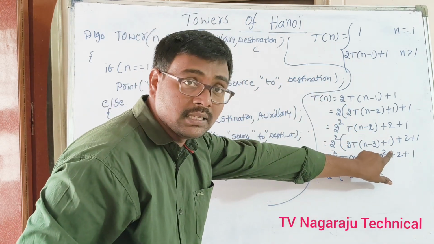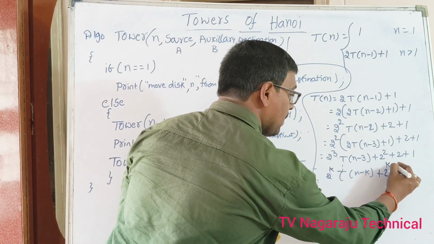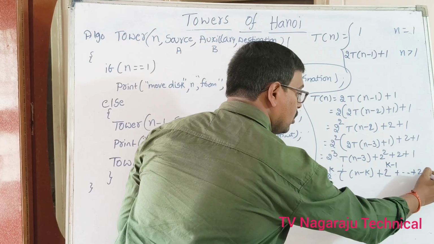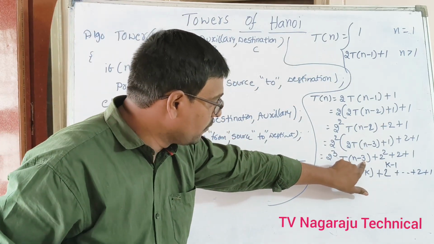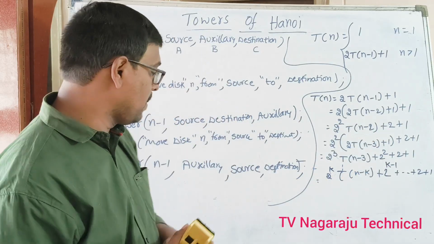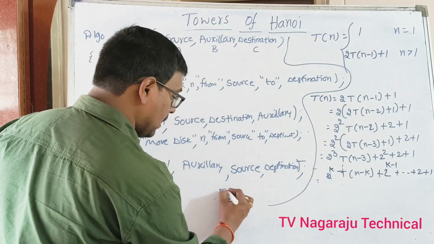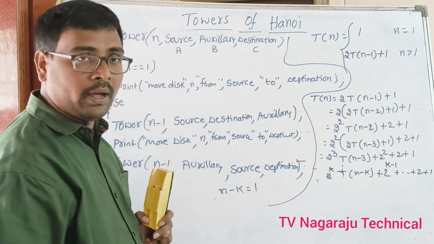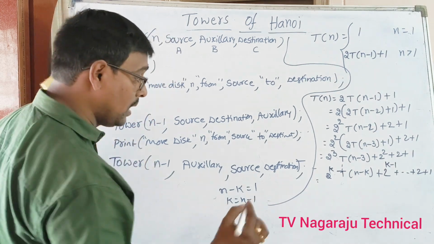Here 2 square in the sense k minus 1, so 2 power k minus 1 and so on, 2 plus 1. I think you got it. That is the reason for k minus 1. When this value is equal to 1, if n minus k is equal to 1, that is k is equal to n minus 1.